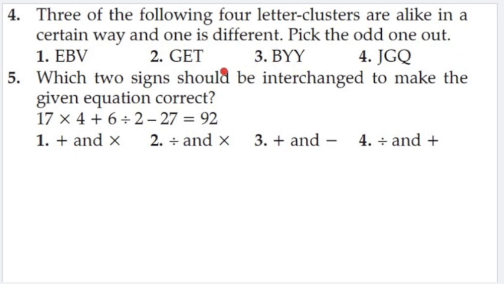So if we see these options, even if we analyze with the number of these letters or the position of these letters, there isn't much of a change. So there isn't any pattern as such.